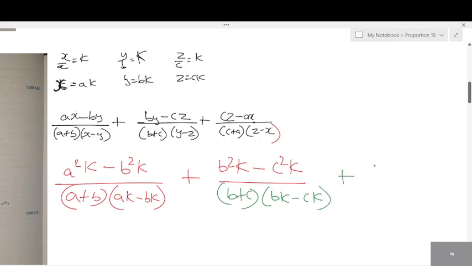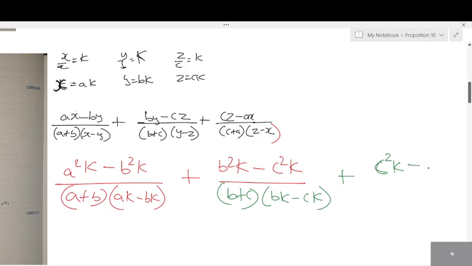Tell me, for this cz, what will you get? What's the value of z when you substitute directly? What is the value of z? What will you get when you multiply by ck?